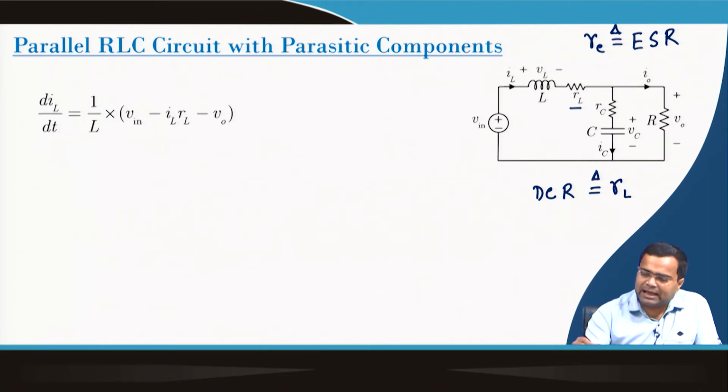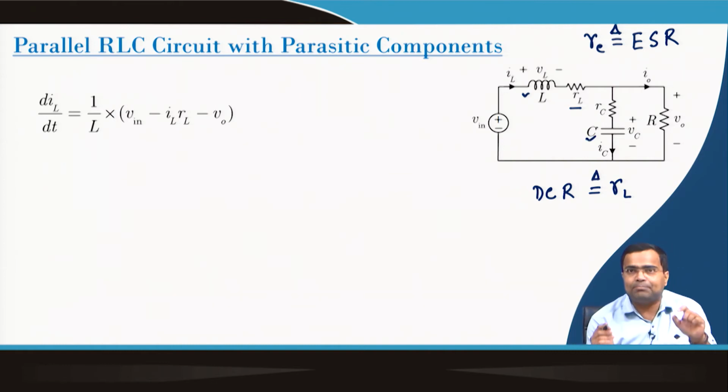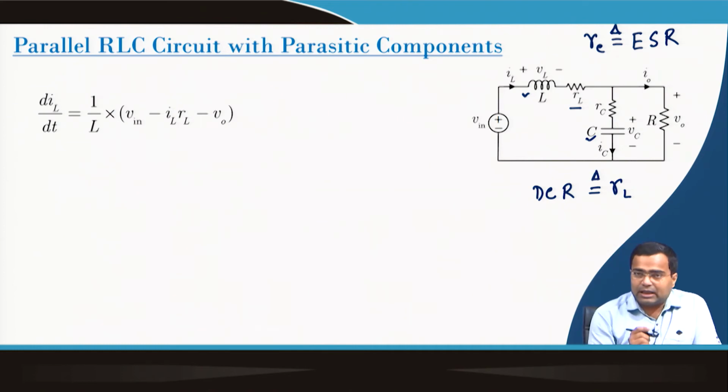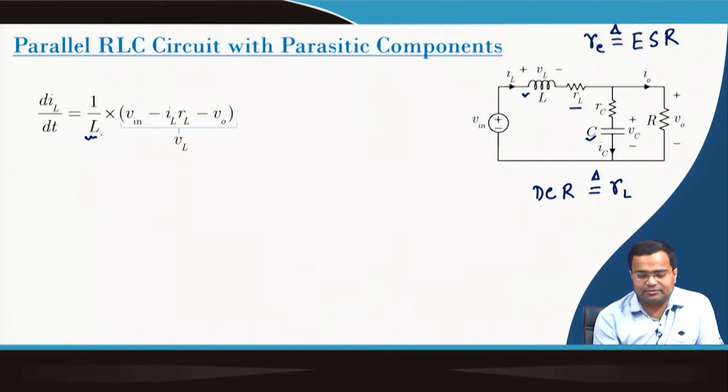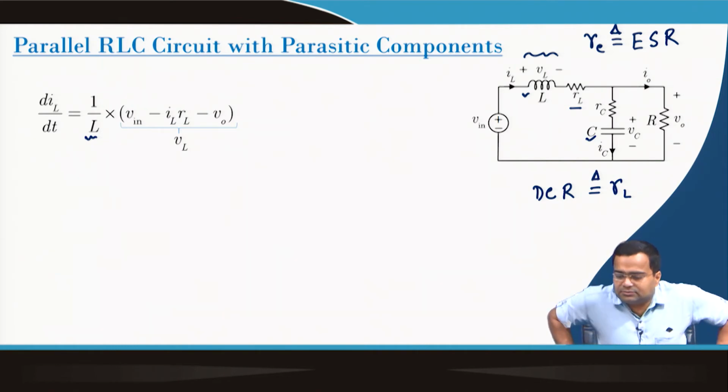Now, we still have two energy storing elements, the inductor and capacitor, the ideal part of the practical inductor, and we can write dIL/dt, the rate of change of current through the inductor, which is again 1 by L into VL. VL is the voltage across the inductor. I am talking about this voltage, and what will this voltage be?